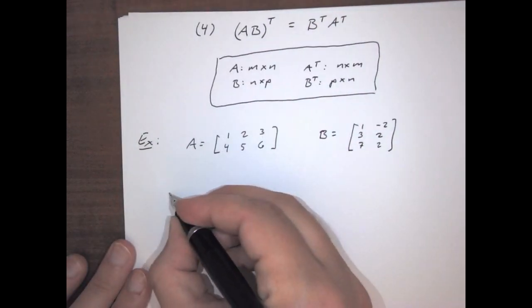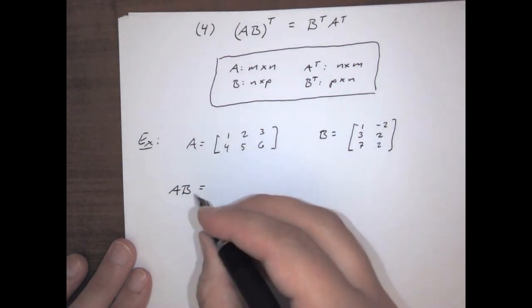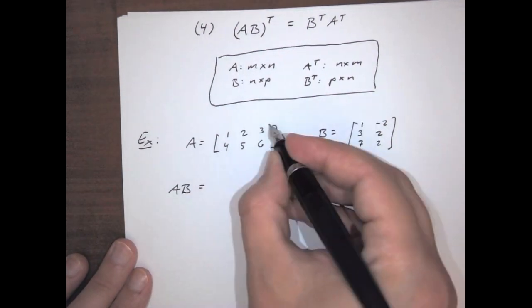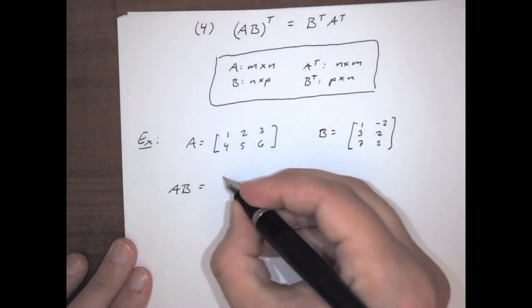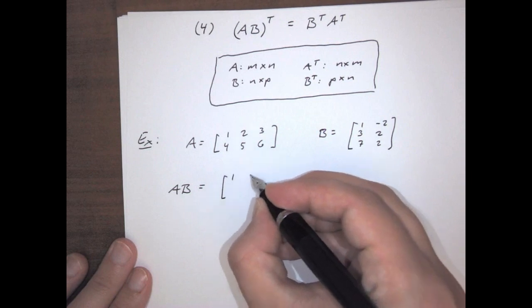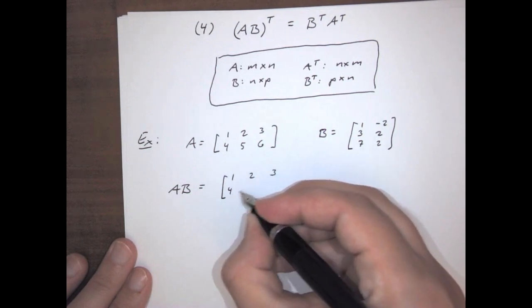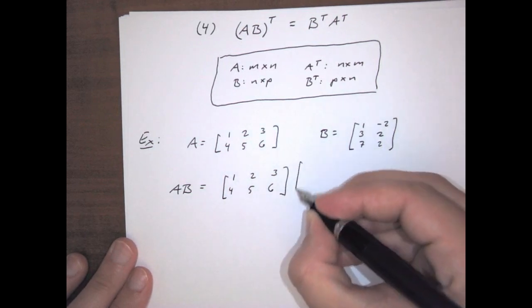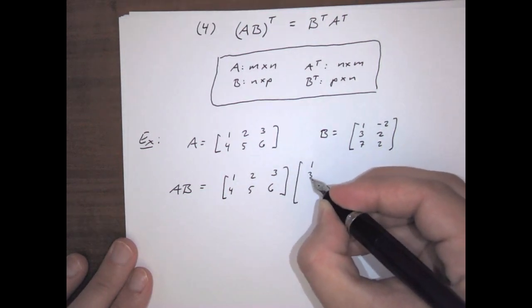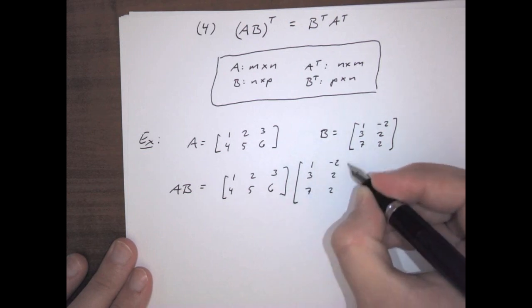Alright, so if I did A B, that's going to just be row. Here, I want to once again write it just because we need practice. 1, 2, 3, 4, 5, 6. 1, 3, 7, negative 2, 2, 2.